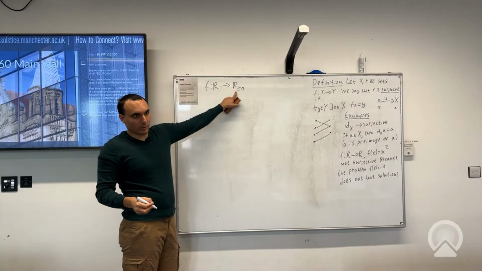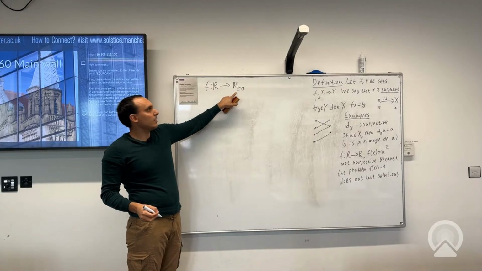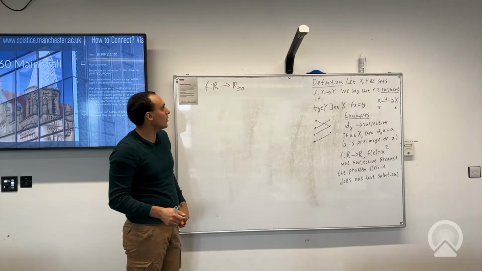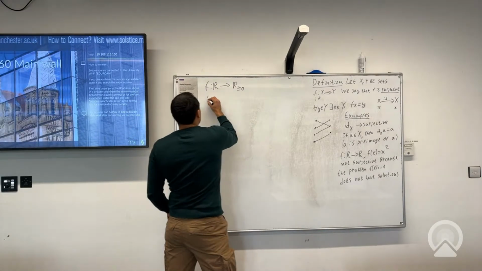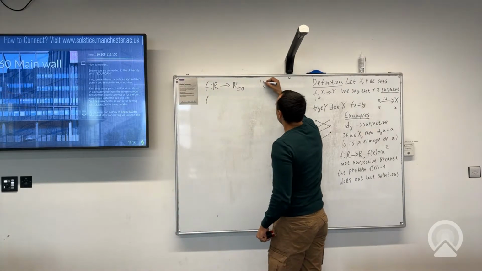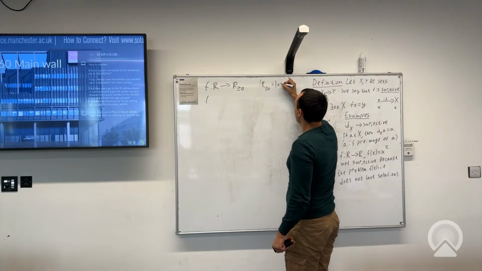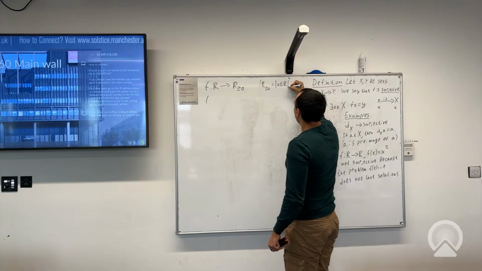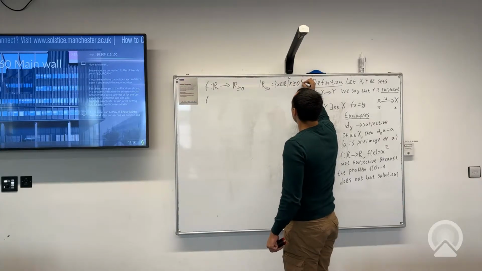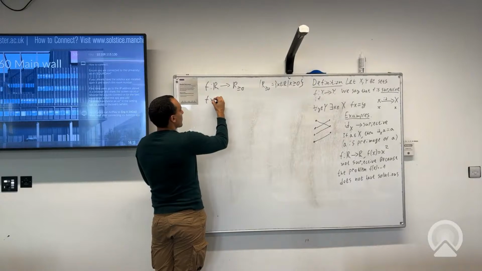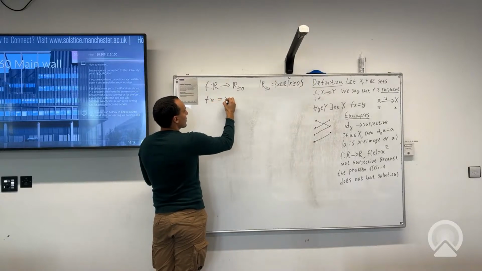I think this is clear. Now what about this: f from the set of all real numbers to the real numbers that are bigger than or equal to 0, and f of x is x squared.